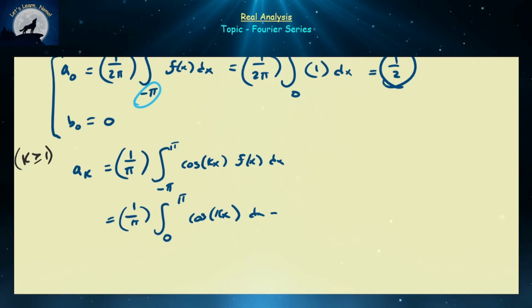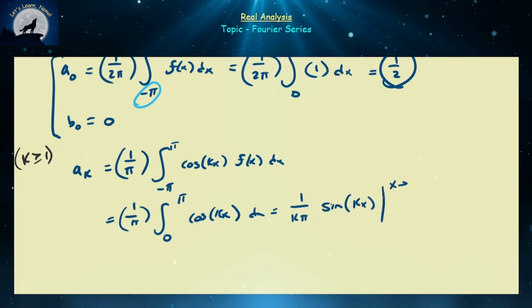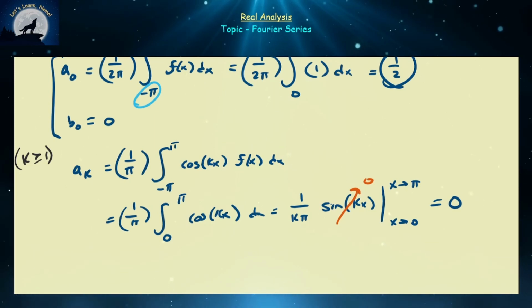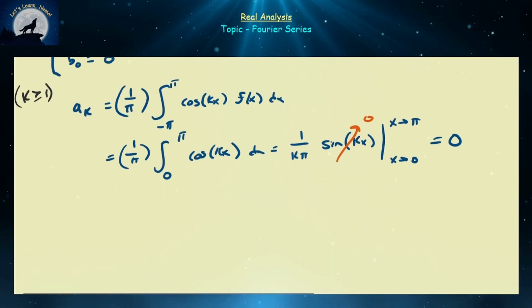The antiderivative of cosine is going to be sine, and we need to divide by that k by chain rule. So k is greater than or equal to 1, so we're not dividing by 0 here, so we don't need to worry about that. So we have the sine of kx, evaluated at pi and then at 0. Keep in mind, sine of pi, or any multiple of pi, is going to be equal to 0, and sine of 0 will also be equal to 0. So this in turn entirely vanishes. So we have that ak is going to be equal to 0 for all k greater than or equal to 1, but keep in mind that a0 is equal to 1/2. So our ak coefficients will completely vanish.